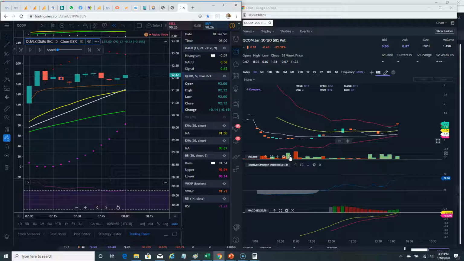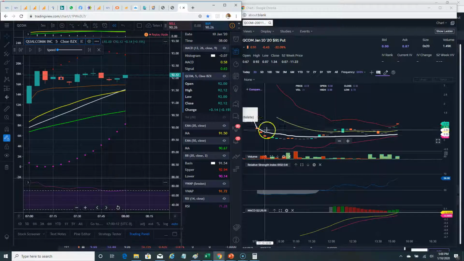The other thing is that when you have a great amount of volume in a position, you're going to have liquidity, meaning the difference between the bid and the ask is not too much, so you can sell back those options relatively easily.